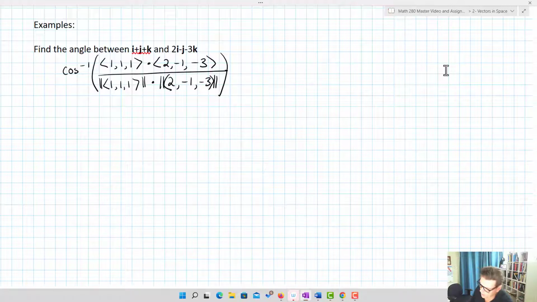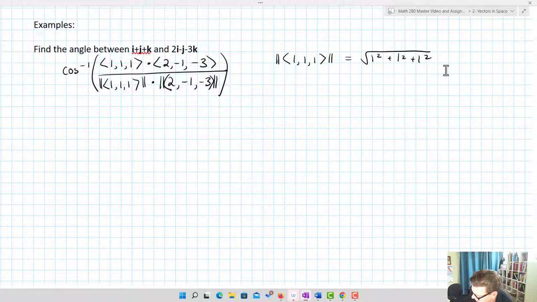So now I actually kind of want to go figure out what these things are first. So I'm going to find the magnitude of 1, 1, 1, which is going to equal the square root of 1 squared plus 1 squared plus 1 squared, which equals the square root of 3.